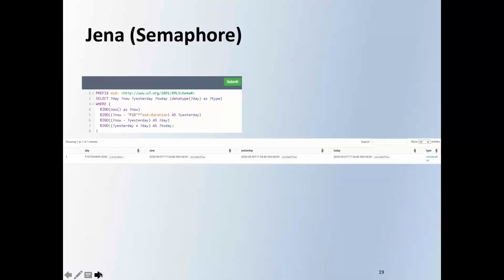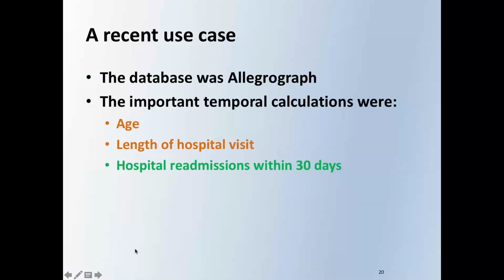Okay, so next I'm going to jump into how I dealt with a recent use case. This is sort of what led to me thinking through all this stuff and trying to figure out how to do it.